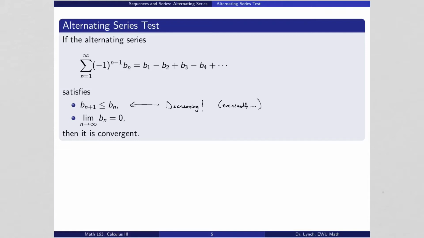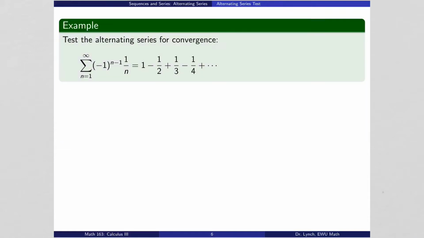A couple examples of alternating series. Here's the first one. Here's a series, the sum n equals 1 to infinity of minus 1 to the n minus 1 times 1 over n. So we'll make the observation that this series has form minus 1 to the n minus 1 times b sub n, where b sub n is given by 1 over n. So all we have to do is look at that b sub n term and verify that it is decreasing with limit 0.